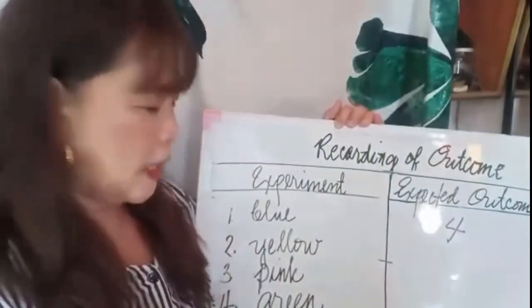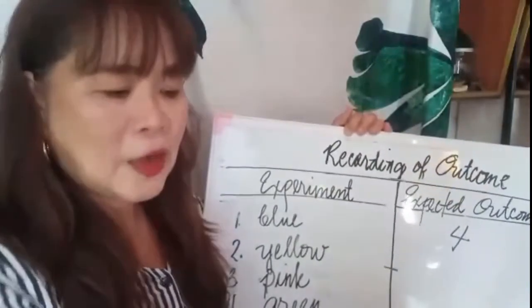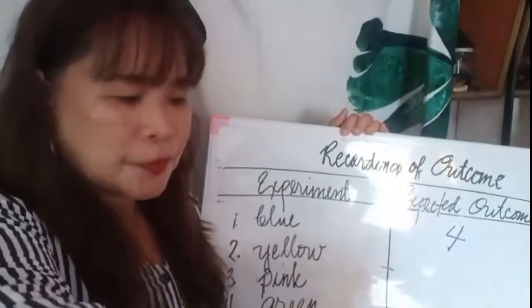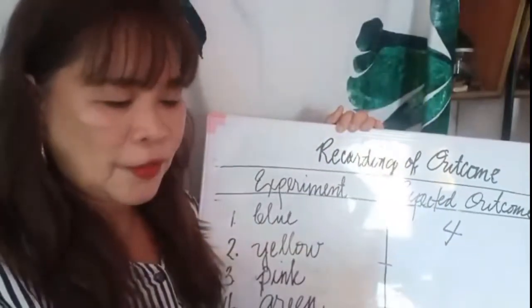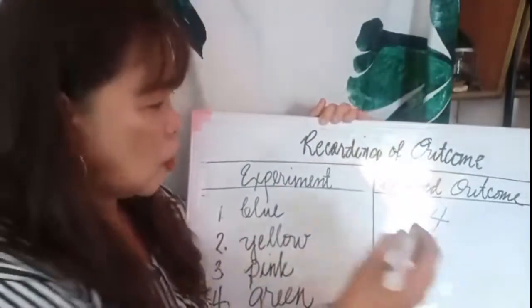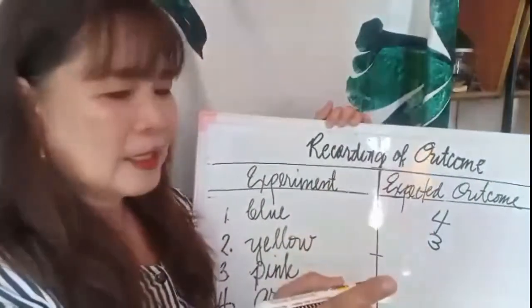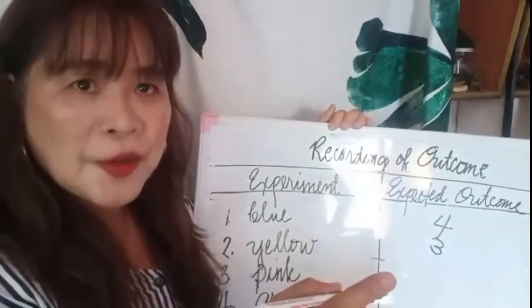Okay, next. The yellow balls, let us count. 1, 2, 3. So there are 3 yellow balls. So the expected outcome that you can get the yellow balls is 3.